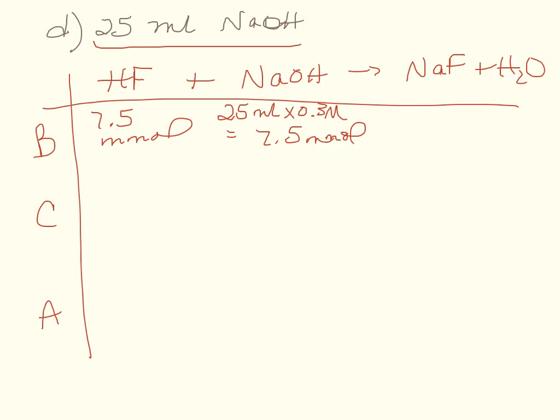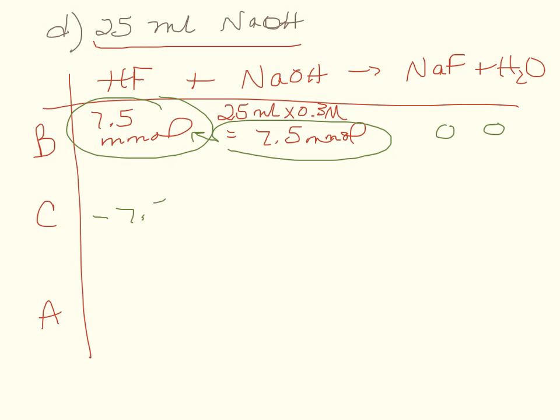What I want to point out this time is we've added enough sodium hydroxide at this point to completely neutralize the moles of weak acid that we have. What does that mean? Well, if we continue through with the mole table, that tells us that we will have 0 hydrofluoric acid left.